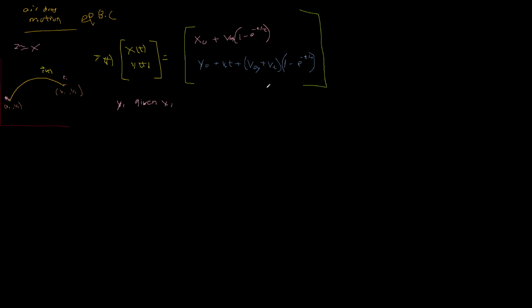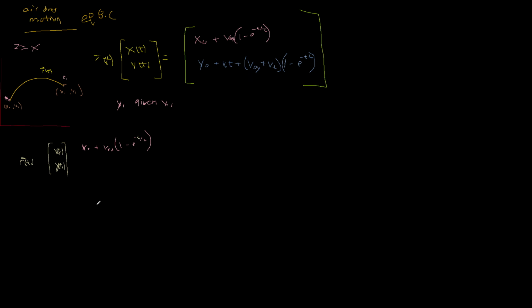Right, so how would we think about going about this? Well, we can write this equation. So we have r at t1, which is x1, y1, x and y at t1, and that is going to be x naught plus our initial velocity in the x times 1 minus e to the minus t1 over tau.